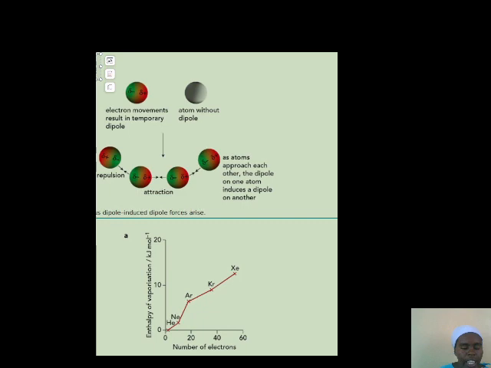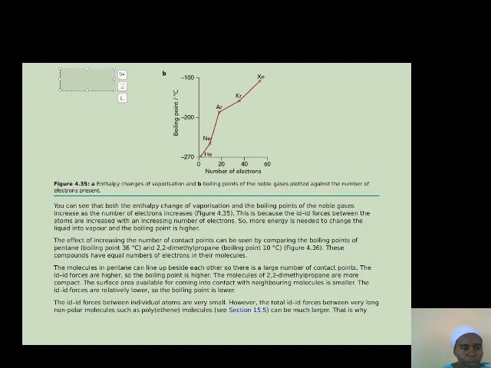You find that with an increase in the number of electrons, the enthalpy of vaporization also increases. It is low in helium, and then it increases as the number of electrons increases up to xenon. The more electrons, the stronger the instantaneous dipole induced dipole forces of attraction in those molecules.